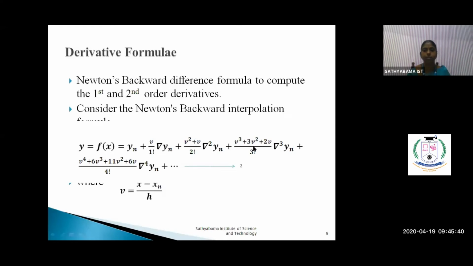Like this, the numerator is multiplied and you get the term v cube plus 3v square plus 2v by 3 factorial del cube yn plus so on, where v equals x minus xn by h.